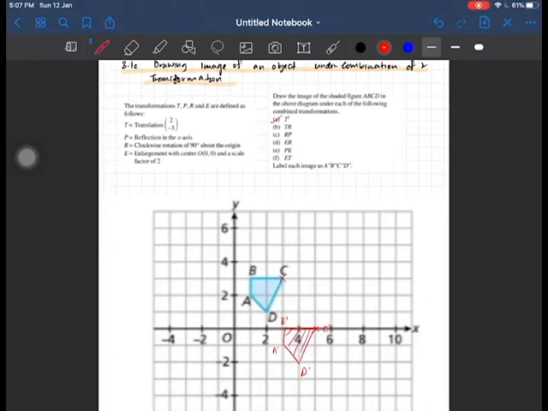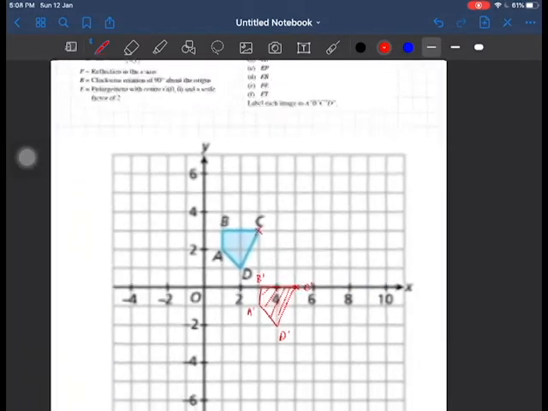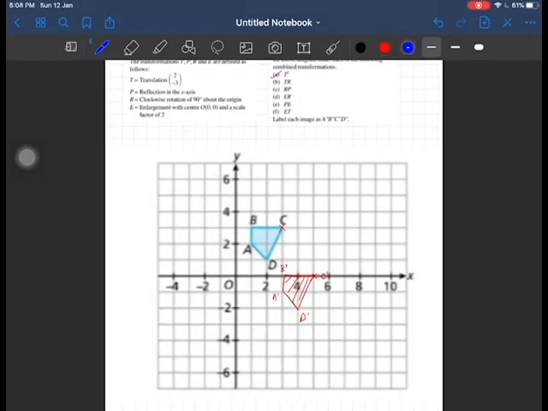So that's my first image, but it undergoes translation T twice. So from the first image, I'll undergo another translation of (2, -3). Again, I'll choose this point: 1, 2, 1, 2, 3.